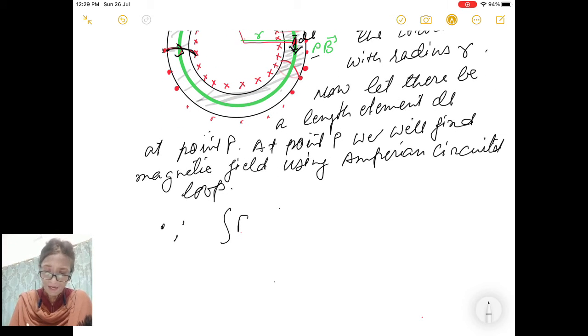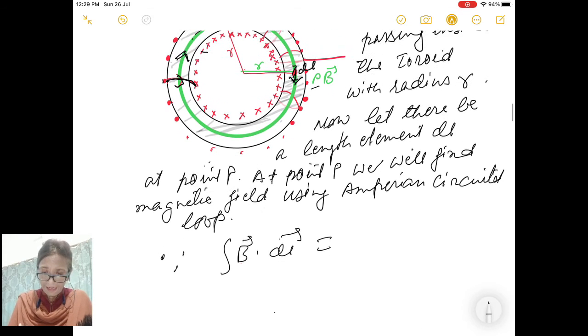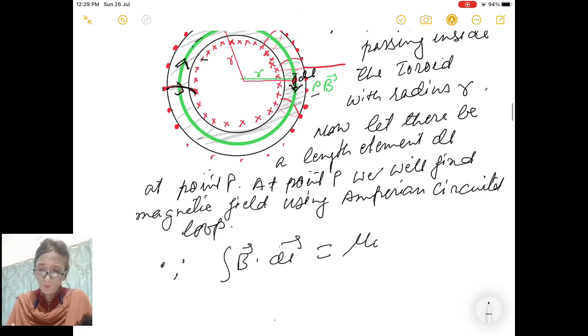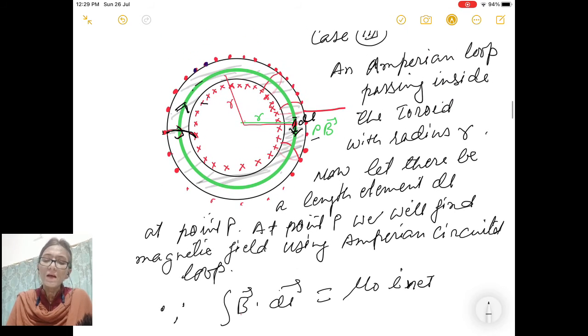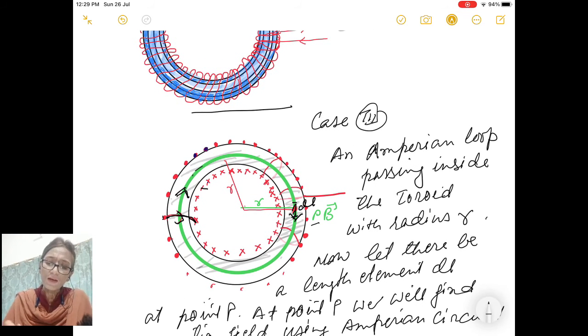Since we know that a line integral of B dot dl is equal to mu naught times total current flowing inside, I net. Here you can easily see that inside the Amperian loop the current is getting inside, and there are N loops.